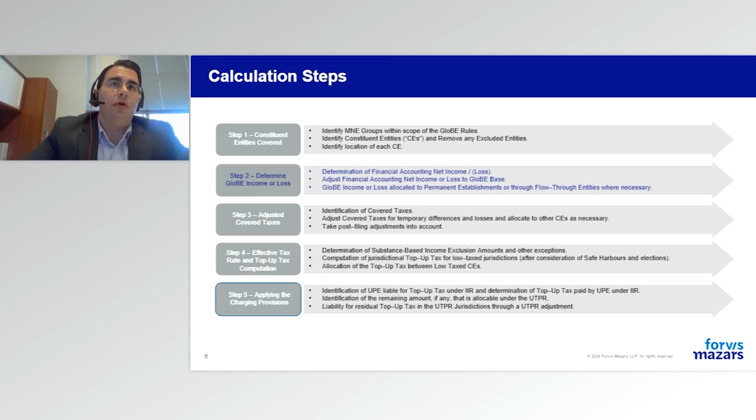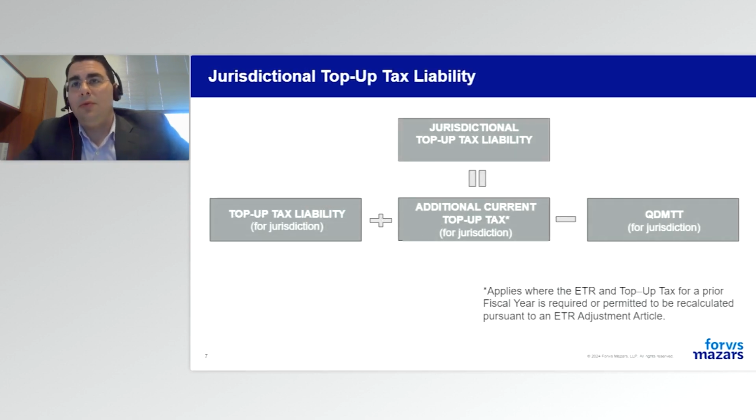Before we go into that, let's do a quick recap. In a previous session, we talked about what the jurisdictional top-up tax liability is. Your jurisdictional top-up tax liability for a particular fiscal year for Pillar 2 is limited to three components: your top-up tax liability, any additional current top-up tax that you have to recognize for a jurisdiction, less any QDMTTs.